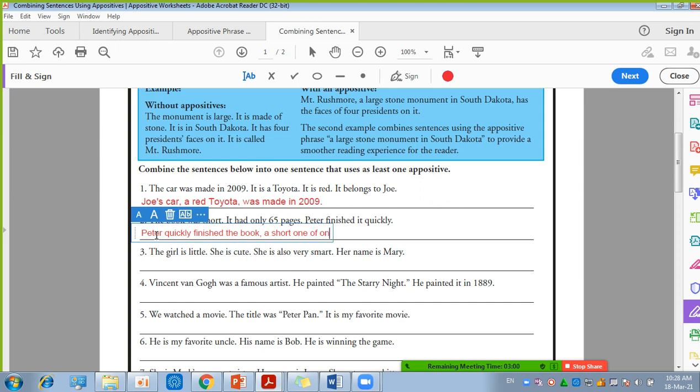A short one of only 65 pages. So I made the phrase close to the noun that it modified, which is the book, and meanwhile I separated it with a comma.